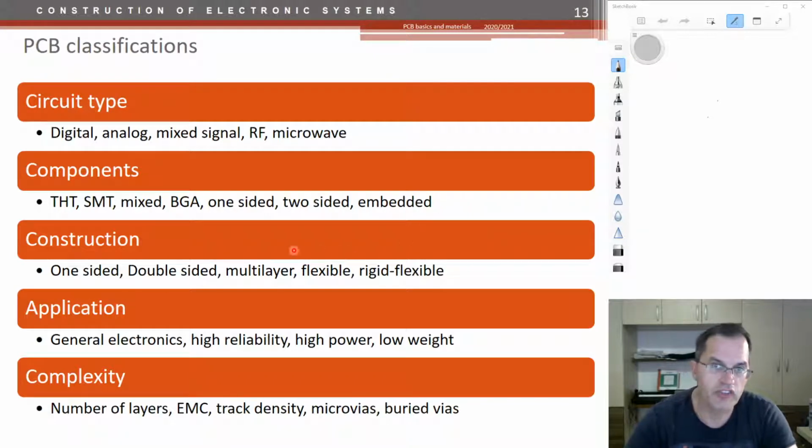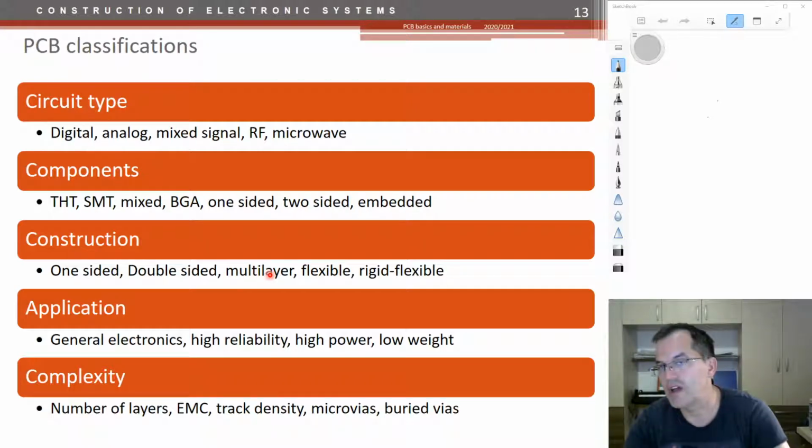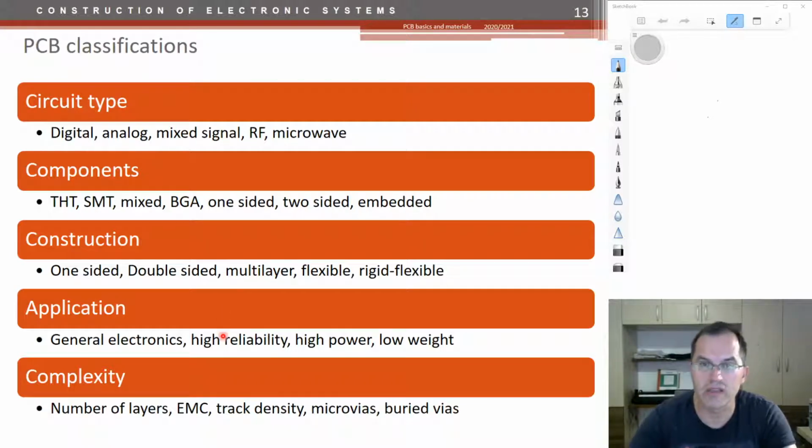The main material can be, of course, rigid, it can be flexible, or a combination of rigid and flexible. You can have one-sided, double-sided, or multi-layer PCBs, so several layers of copper and so on. Of course, you can ask yourself whether you want high reliability or high power electronics or extremely low weight electronics, and that also depends on the material and the complexity.